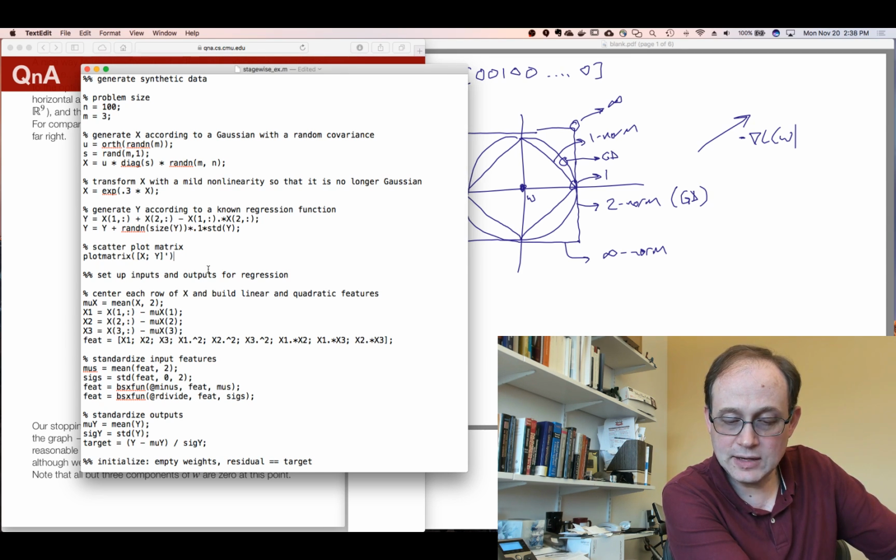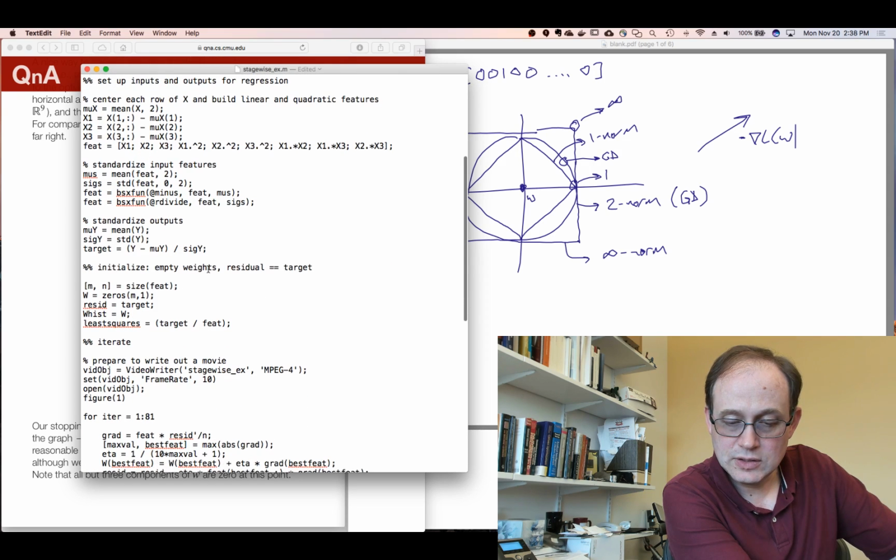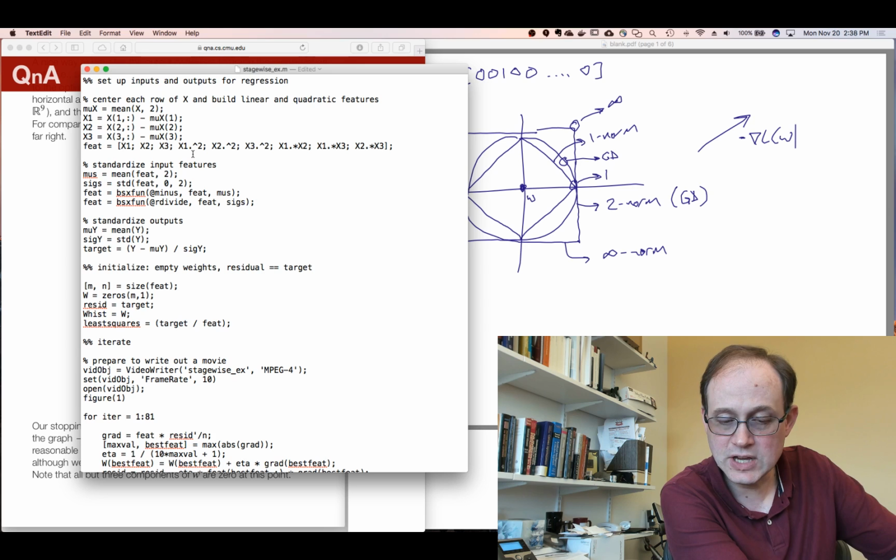And then we set up our least squares loss function. So we center each row of x, and we build some linear and quadratic features, because let's say we don't know which of the features are relevant.